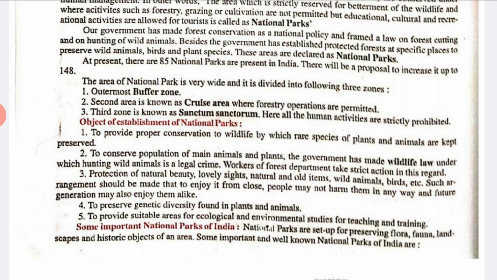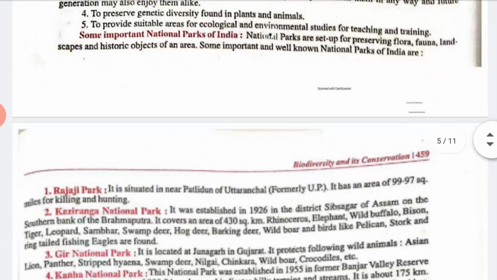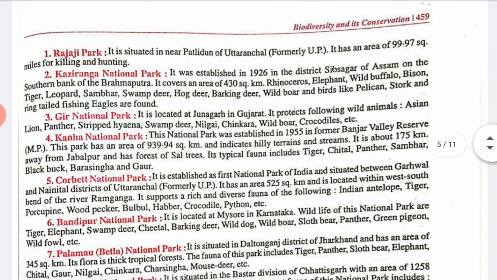Now, some important national parks of India. National parks are set up for the preservation of flora, fauna, landscape and historical objects of an area. I'll tell you the names. Corbett National Park is situated in Uttaranchal, formerly in UP, right?